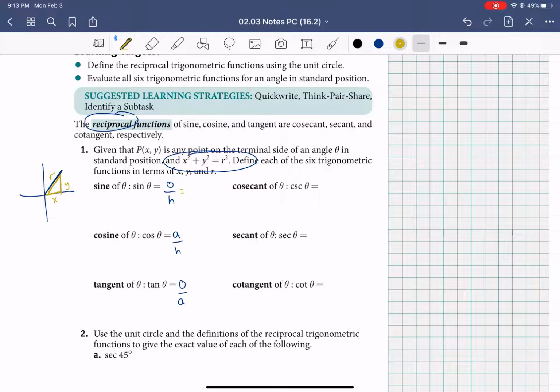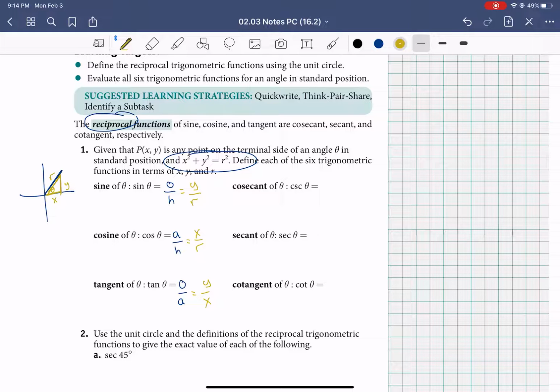So if we really want to put it in those terms, which we don't have to for this lesson, we have theta down there in the corner. It's always down there right by the origin. Opposite would be y, hypotenuse would be r, adjacent would be x.